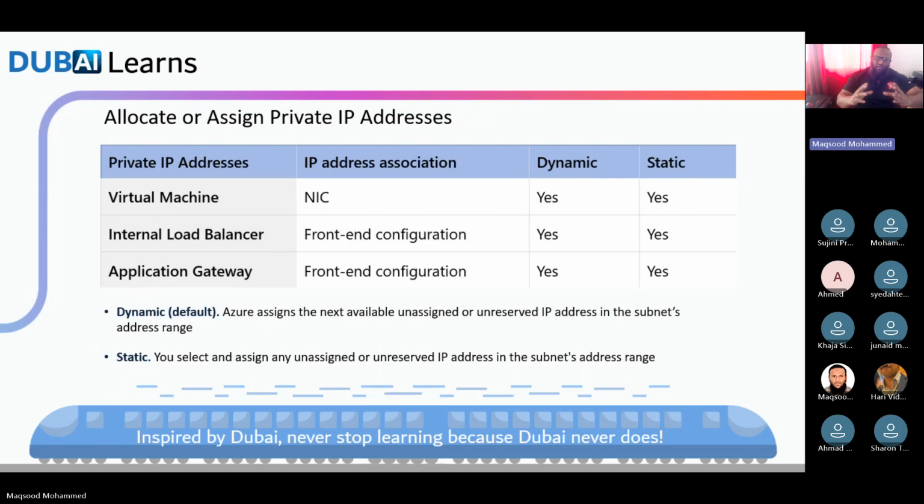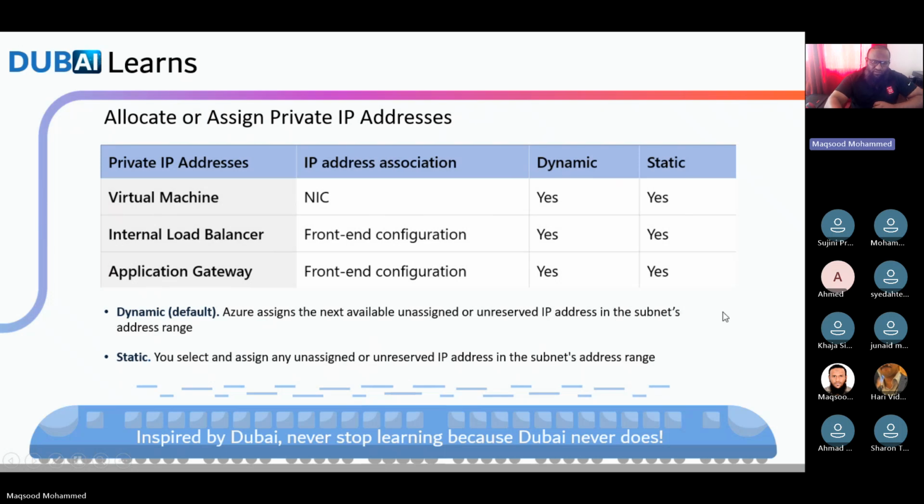Every subnet will have DHCP function automatically enabled by default. That's the default behavior. So the moment you create a virtual machine and assign it to a specific subnet, it will automatically get an IP address assigned. That is called dynamic IP address. Static, you select and assign any unassigned or unreserved IP addresses in the subnet. I'll explain what is unassigned and unreserved IP in a bit.